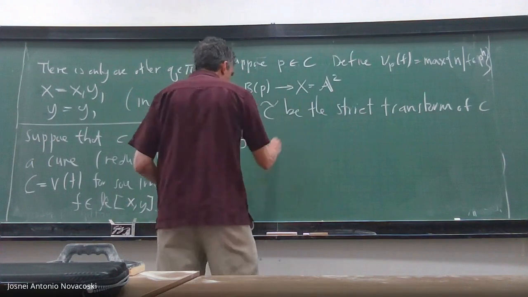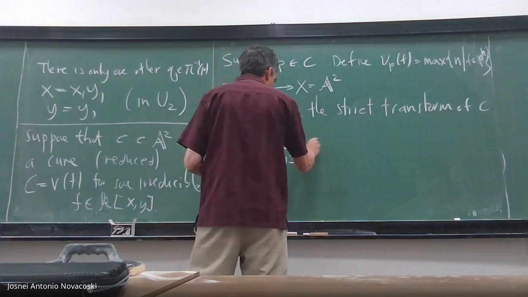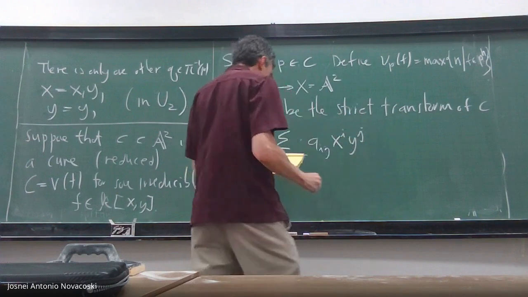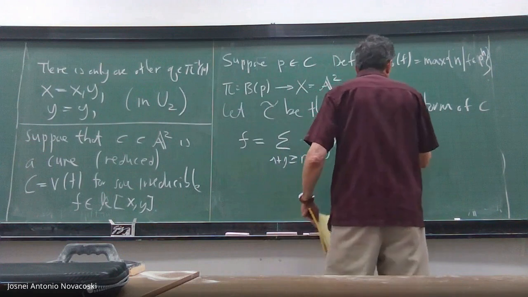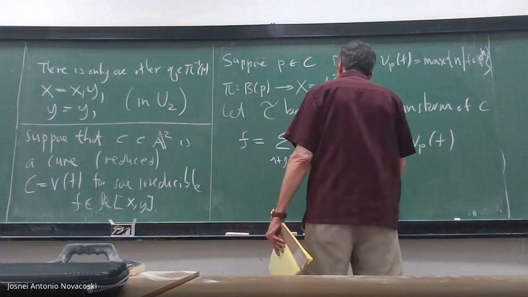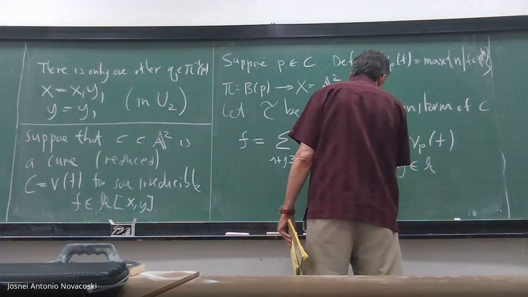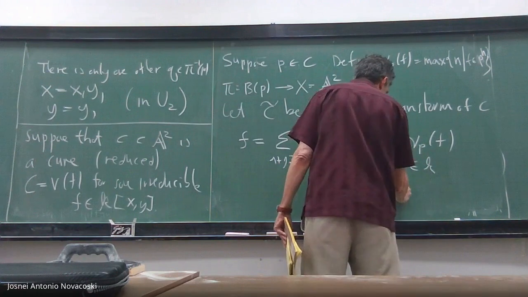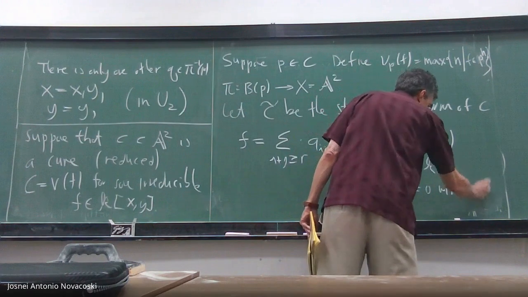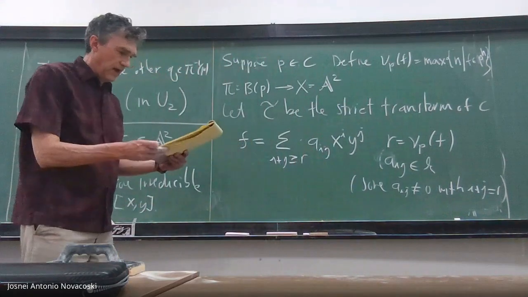We write F equal to the summation over i plus j bigger than or equal to r of Aij x^i y^j, where r is the valuation of F. The Aij are all in K, and some Aij is not equal to 0 with i plus j equal to r. That's what it means, so we expand F like that.